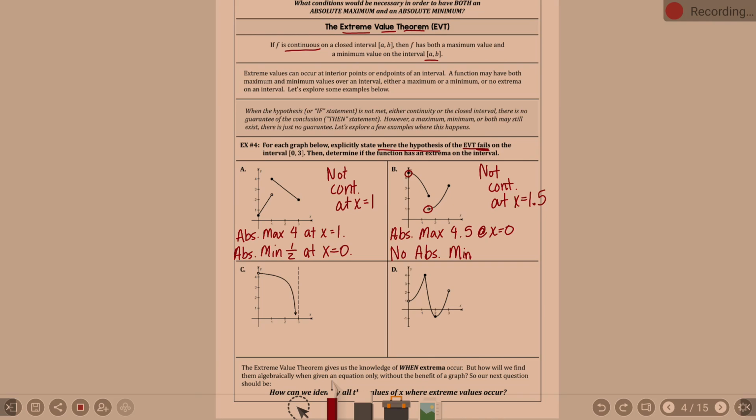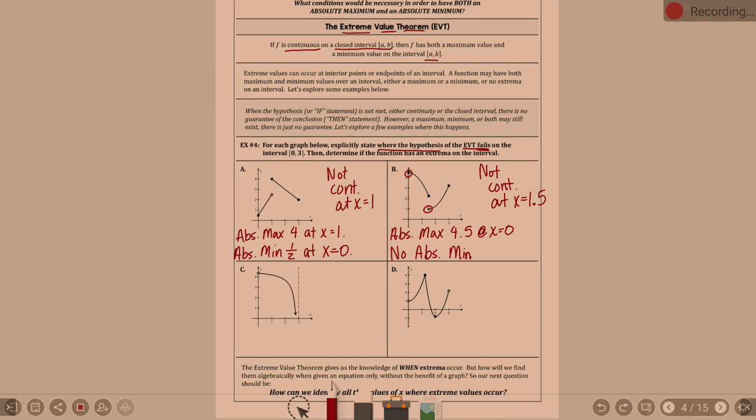C. Why does EVT not apply here? Discontinuous. 0, 4.5. Well, here's the deal. EVT says it must be continuous on a closed interval.